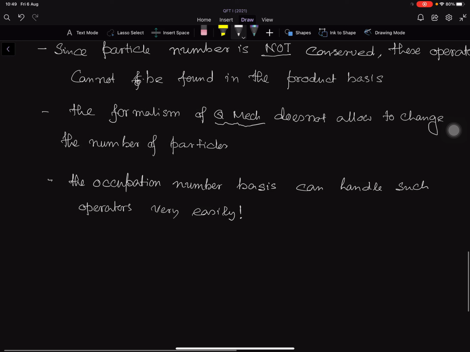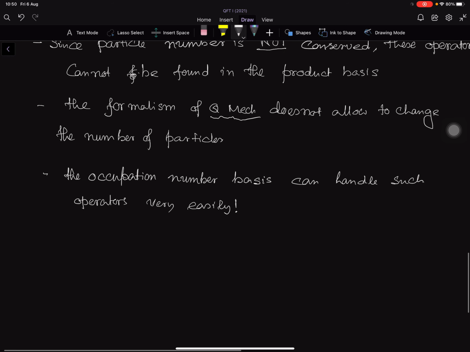So this is another aspect in which the occupation number basis is more advantageous, because it allows you to do more robust things which were not allowed in the case of the product basis.